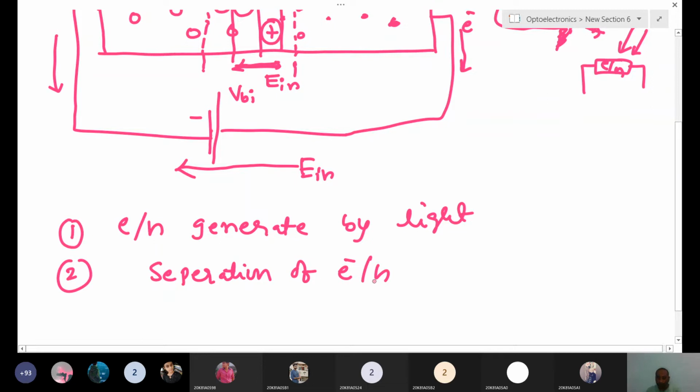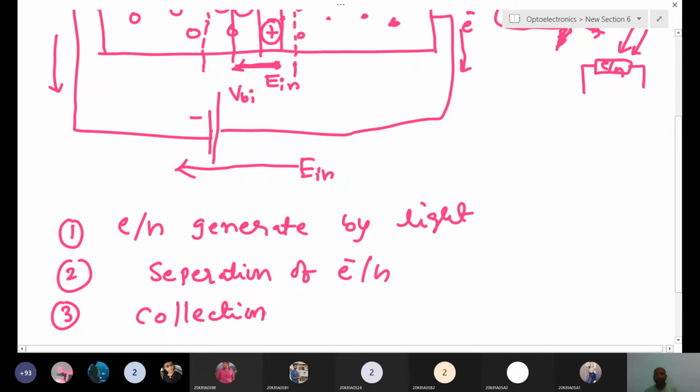If we do not separate these electron-hole pairs, they will recombine again, and we will not collect the electrons and holes. And the third one is collection of these electron-hole pairs. After separation, we have to collect the electrons and holes separately.